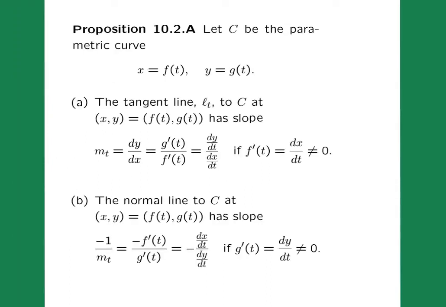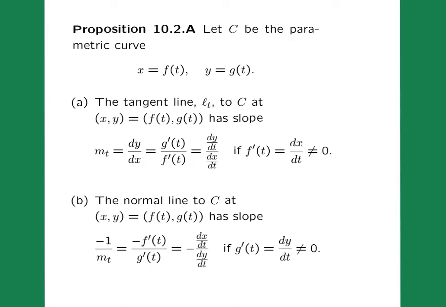Okay, here is our main result concerned with finding the slopes of tangent lines and normal lines to parametric curves. We suppose that C is a parametric curve defined by these parametric equations here. Again, we're assuming f and g are differentiable with continuous derivatives.